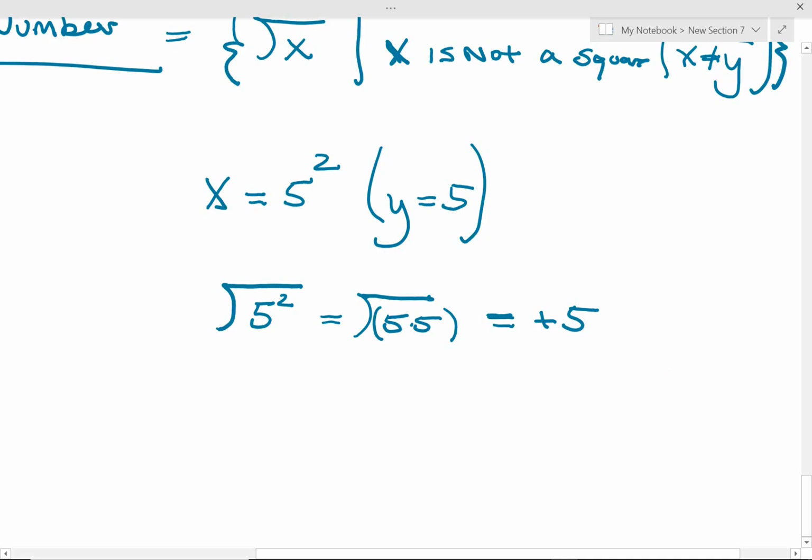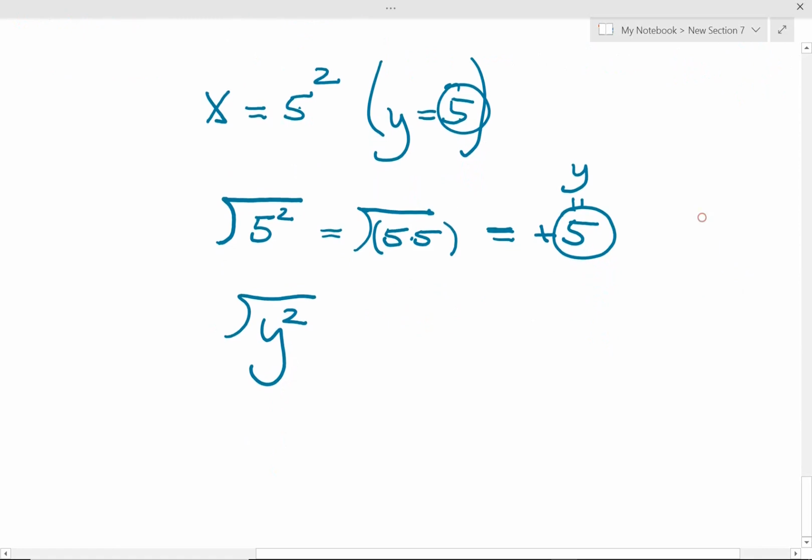And the thing about this: if we're taking the square root of y squared, this is equal to y, because y squared is 5 squared, so y is 5. But in general, this is not simply equal to y. This is one thing you should always know, even if a question like this is on the SAT.